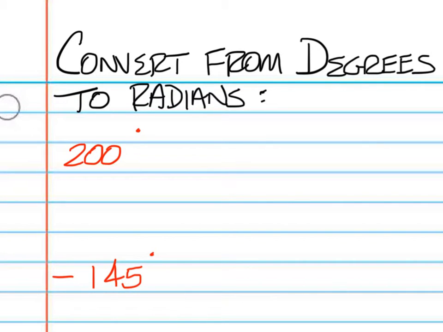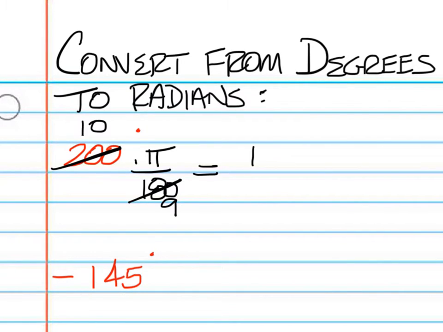Lesson 9. Convert from degrees to radians. Multiply by pi over 180. And once you do that, you're back to middle school, even before. Let's see, 20 goes into 180 9 times and into this 10 times. So you have 10 pi over 9.